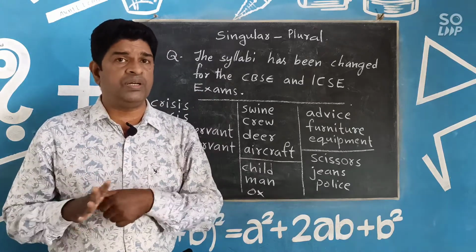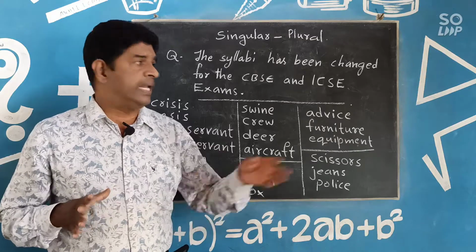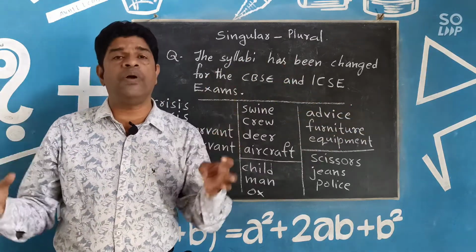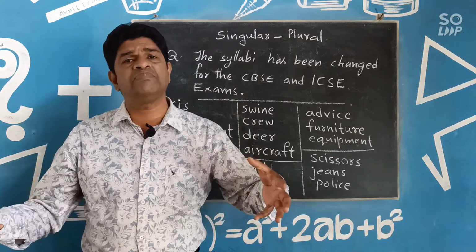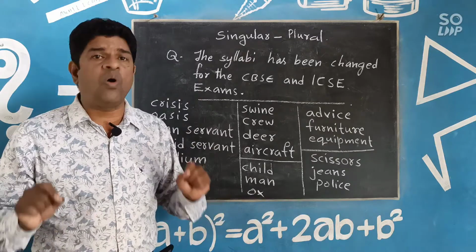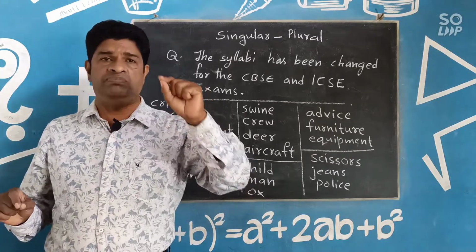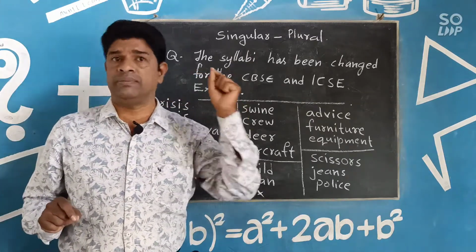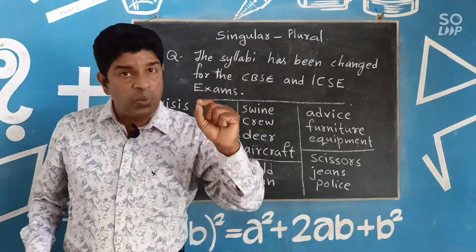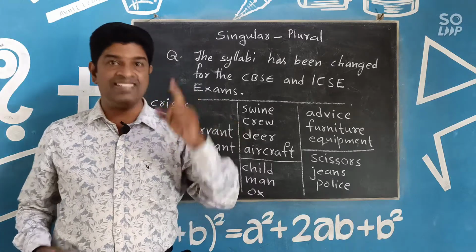Suppose you consider the case of furniture. If you have a shop where many items and many different furnitures are sold, one can call the name of the shop, suppose Surya is the name of the shop, Surya Furnitures. That's correct.